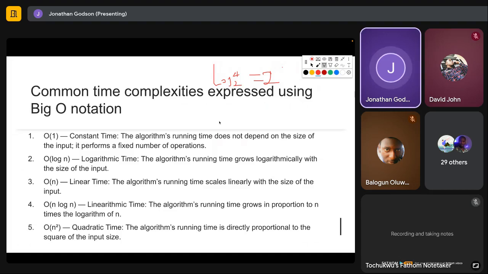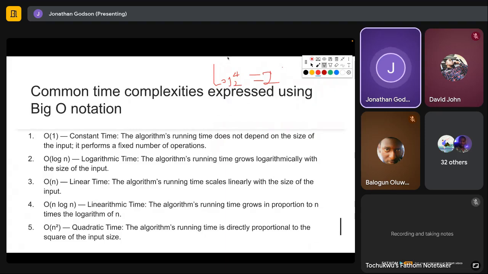So when you come across log n time complexity, or n log n, you should understand what it means. What it means is that the growth is minimal compared to O notation n, which is the linear time. So if you take the log of 4, it will give you 2.